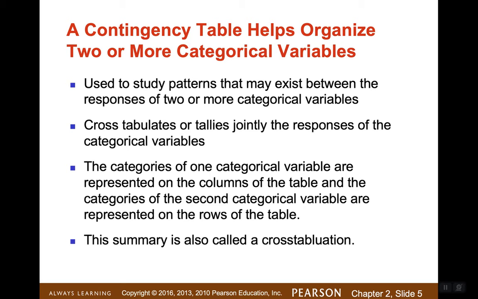What we do is cross-tabulate, or tally the joint responses of the categorical variables. The categories of one categorical variable are represented on the columns, and the other one is represented on the rows. This is also called a crosstab or cross-tabulation.